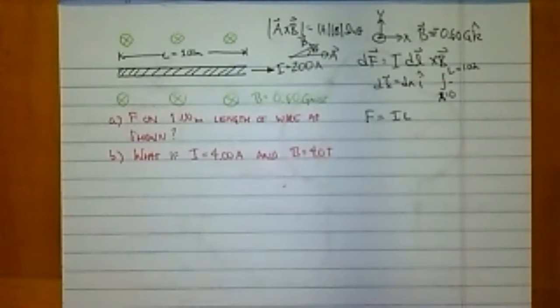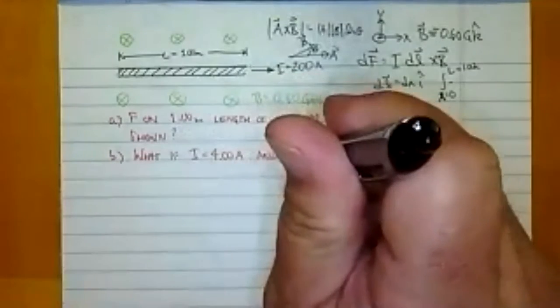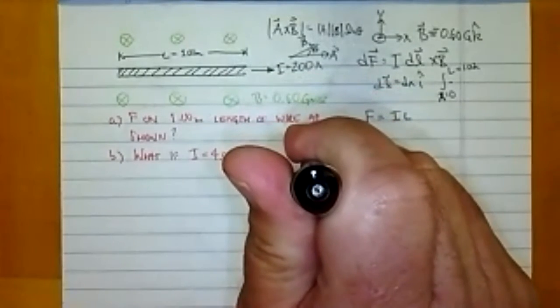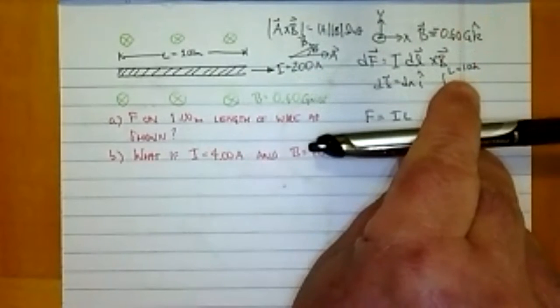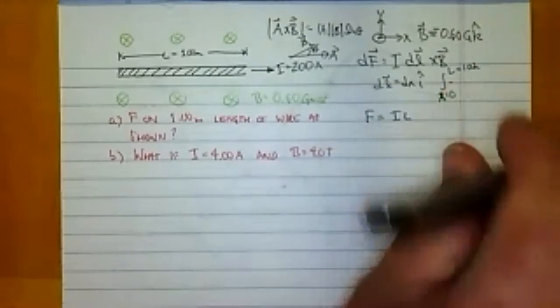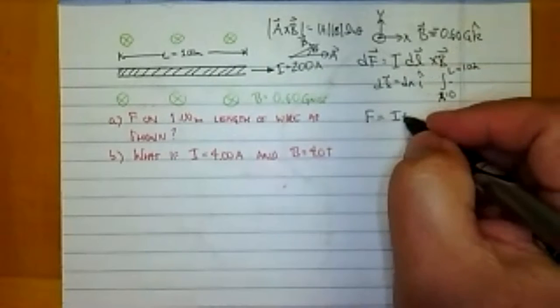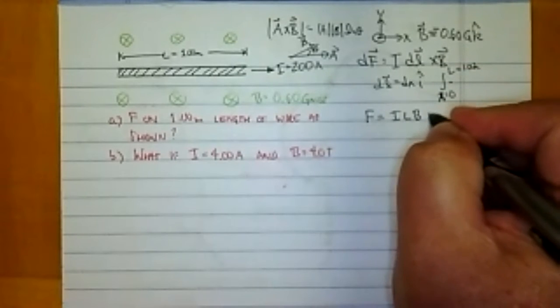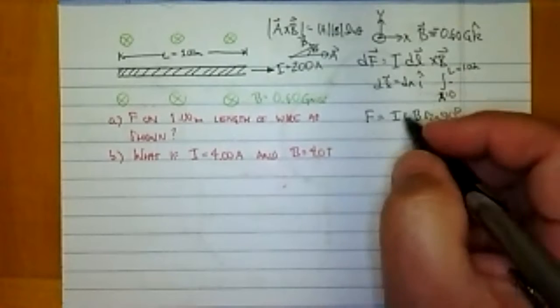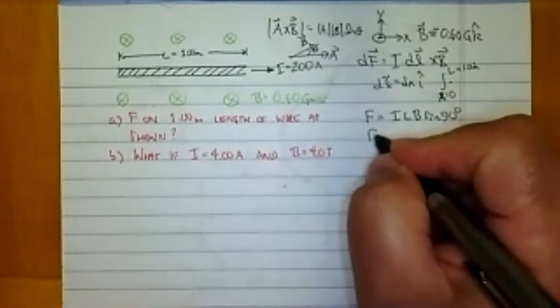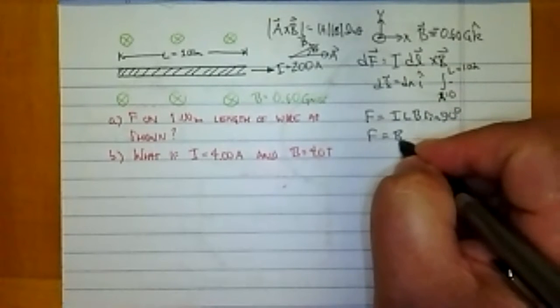In this case, our vector B is pointing into the page, and our vector DL is pointing this way. So you can see that theta is equal to 90 degrees. So we get I times L times B times the sine of 90 degrees, which is just 1. So F, at least in magnitude, is just going to be BIL.